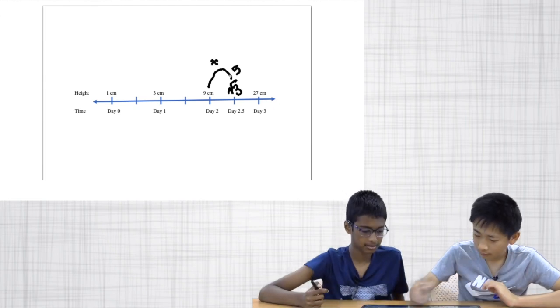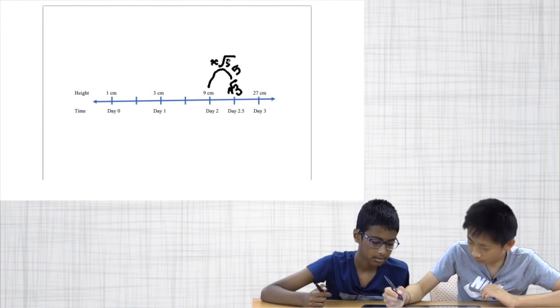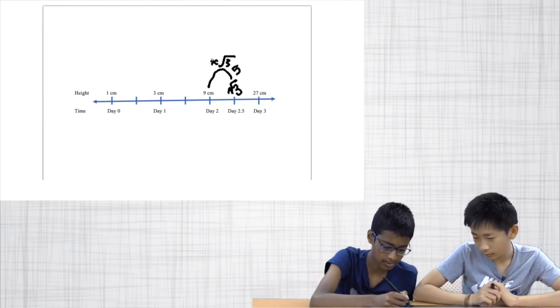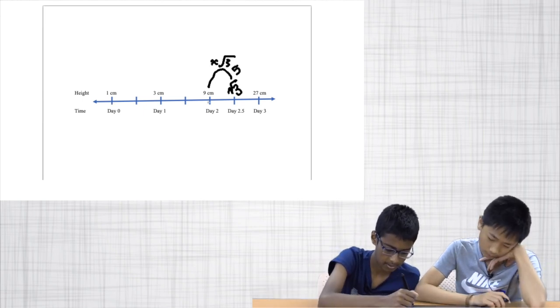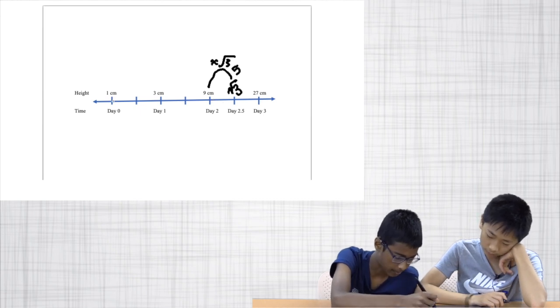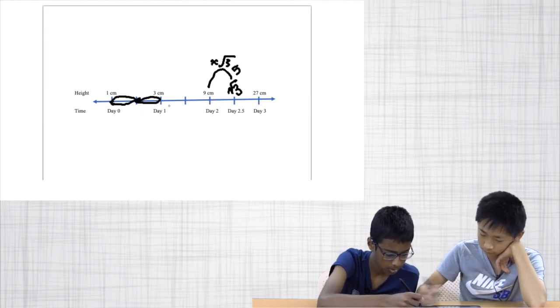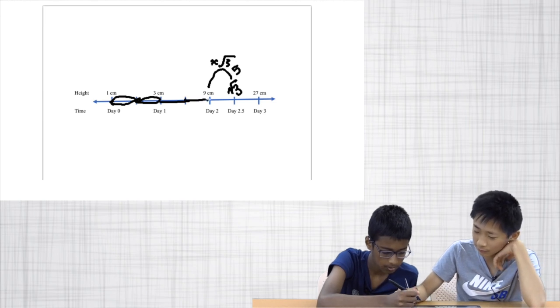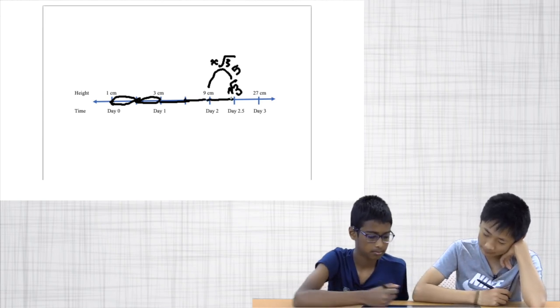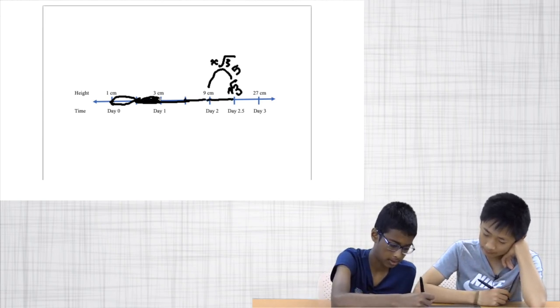Okay. And then can you mark in the relationships that show the... Yeah, so you have times square root of 3, and we have times square root of 3 between each tick mark. So we have 1, 2, 3, 4, 5. Okay. Can you write in this times square root of 3?